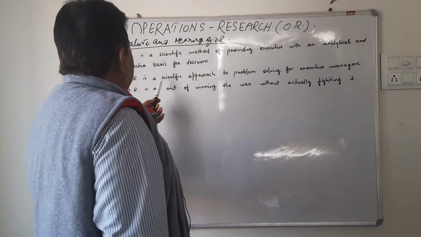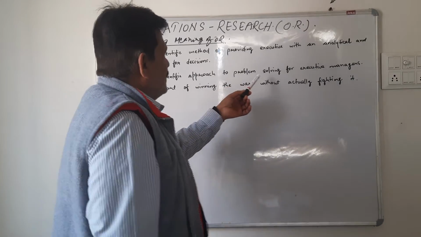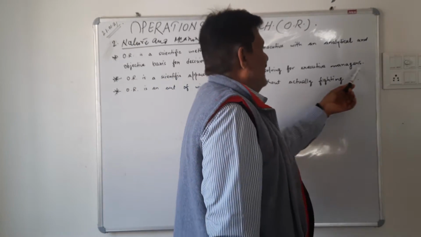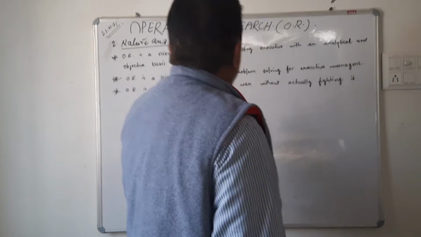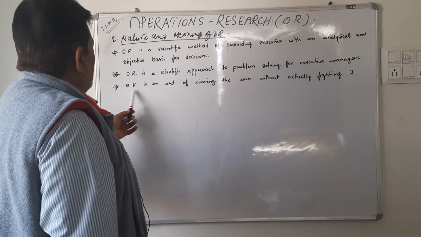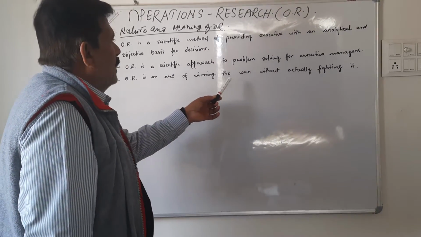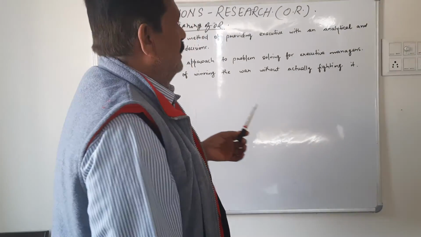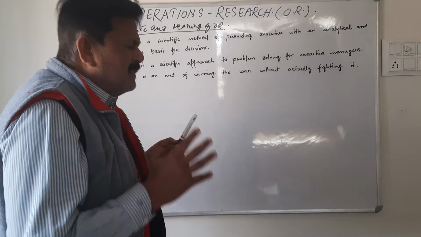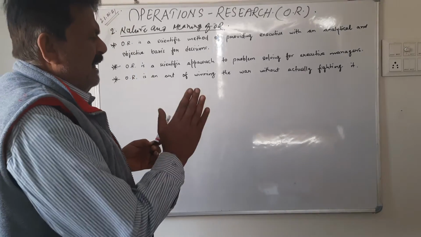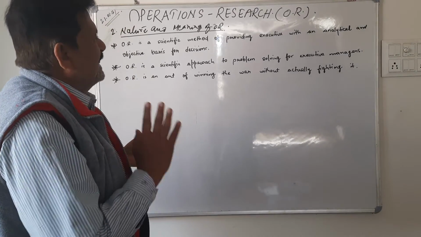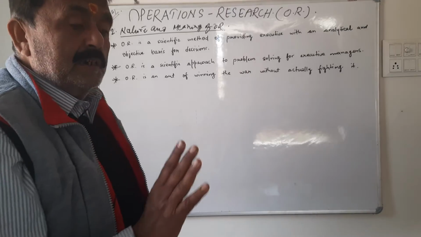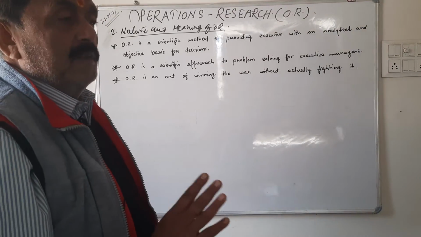Secondly, OR is a scientific approach to problem solving for executive managers, exactly the same thing. And thirdly, OR is an art of winning the war without actually fighting it. As I have told just now, the experts of OR sit behind the curtain. They make the plans. They never come forward. They never go to fight.